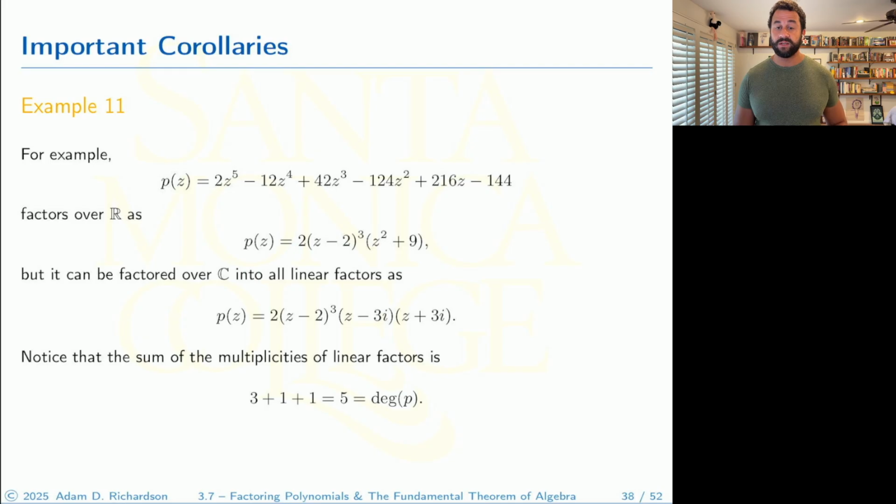But if we allow ourselves to work with complex numbers, we can continue to factor this as z minus 3i, z plus 3i. And notice here that if we add up the multiplicities of these factors, 3 plus 1 plus 1 is 5, which is the degree of that polynomial. How cool is that? So when you look at that degree, that is how many zeros you have as long as you're allowed to work over the complex numbers.